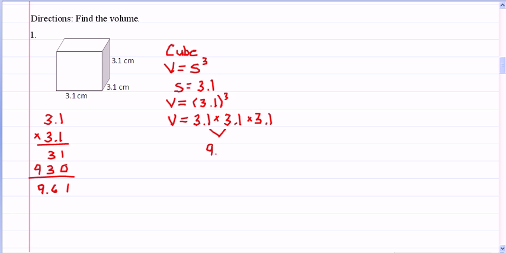And I get 9.61. I multiply 9.61 times 3.1.